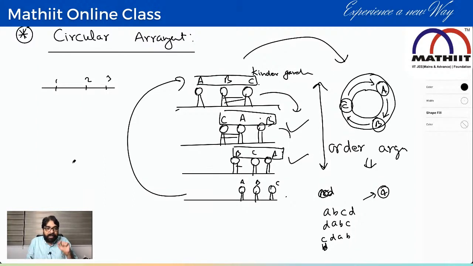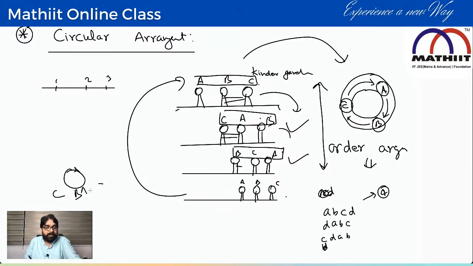But think carefully. If I arrange ABC in a circle, and I say you have to read only in the anti-clockwise or clockwise direction, you'll say ABC. Now, if I shift this A slightly here, B slightly here, A also got there.